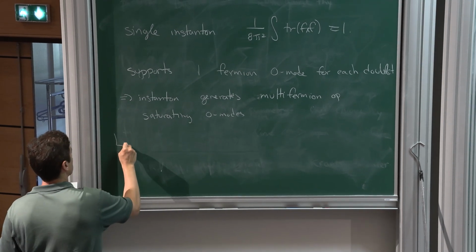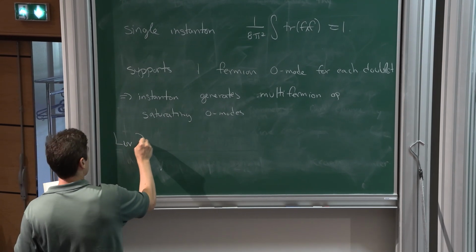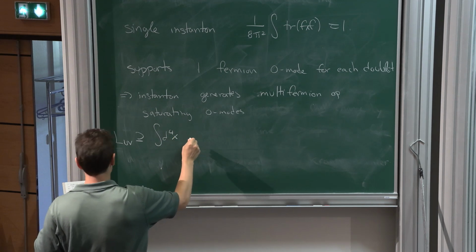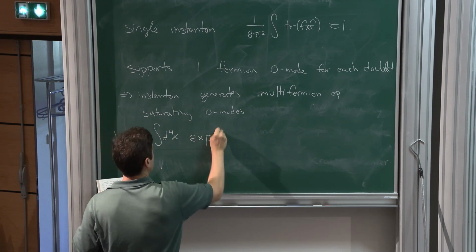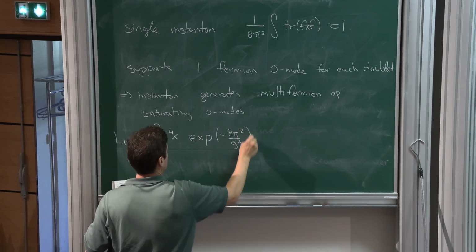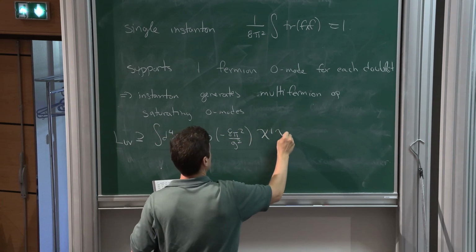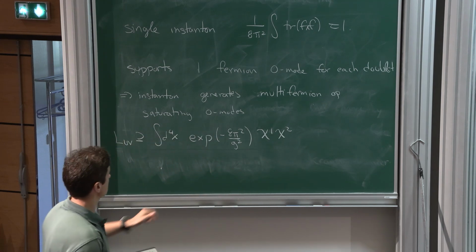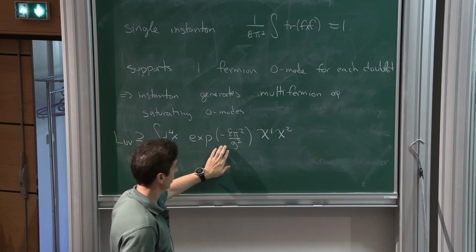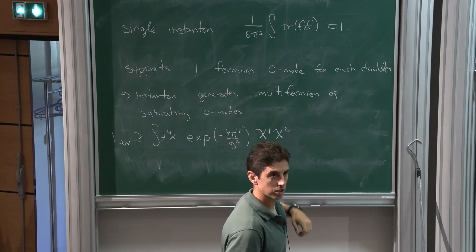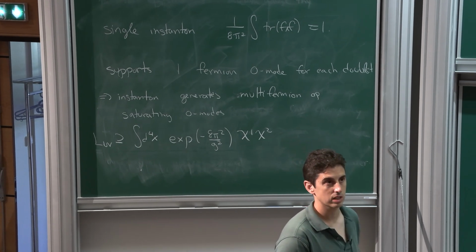So L UV will get a correction that looks like this. This is the instanton action. This is the multifermion operator, 1 for each 0 mode, sometimes called the 't Hooft vertex.